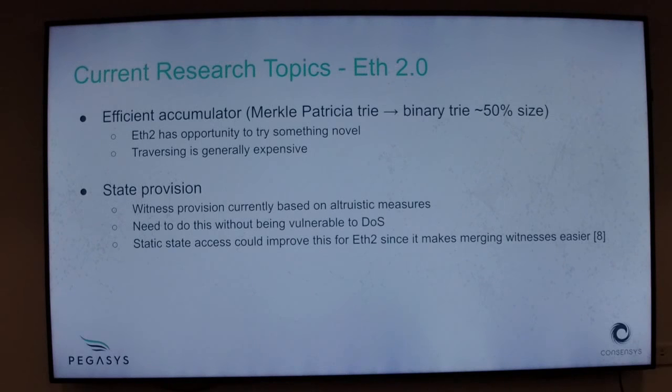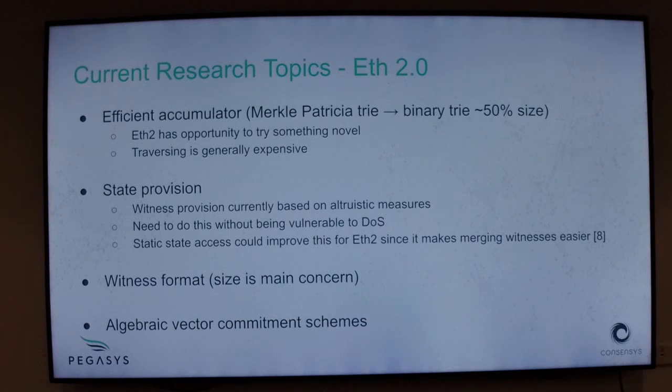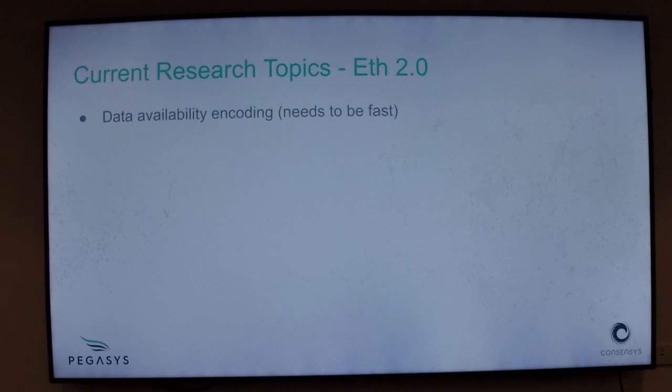And we need to provide state without being vulnerable to DOS. And static state access could improve this for ETH2, since it makes merging witnesses easier. The witness format for ETH2 is also a big concern, and they were interested in looking at algebraic vector commitment schemes.